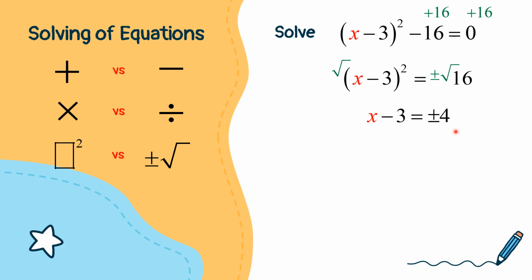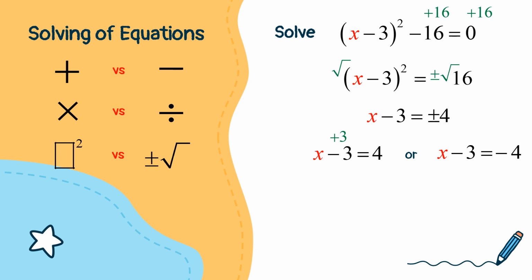On the right hand side, plus minus square root 16 will give us plus minus 4. So we will have two equations, x minus 3 equals plus 4, or x minus 3 equals negative 4. If you do not remember whether to put an 'or' or an 'and', you can simply put a comma.